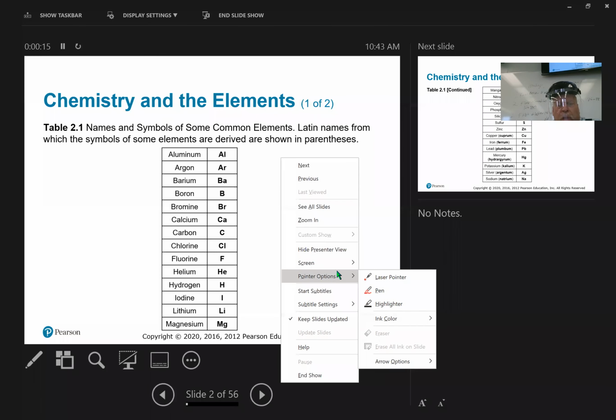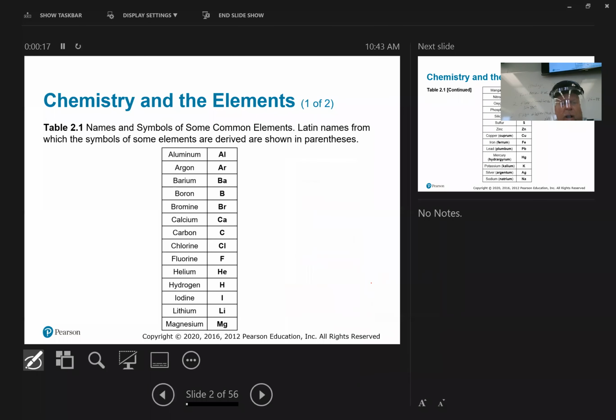And I've already been talking about this regarding in the discussion, the Latin names have "ium" at the end. So you got calcium, and then helium, lithium, magnesium, etc. But in those cases, the Latin name is the same as the English name.